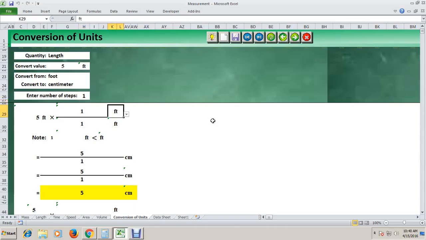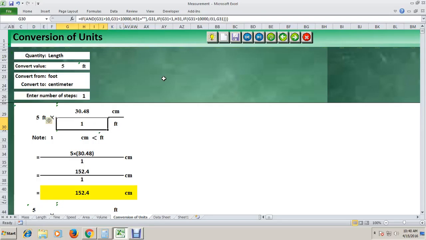So for example, if we do know the conversion factor, such as we know that for every 1 foot there are 30.48 centimeters, then we could directly convert 5 feet to centimeters simply by multiplying 5 with the conversion factor between feet and centimeters. So 5 times 30.48 gives you 152.4 centimeters. But of course, 30.48 centimeters is not a value that is easily memorized.